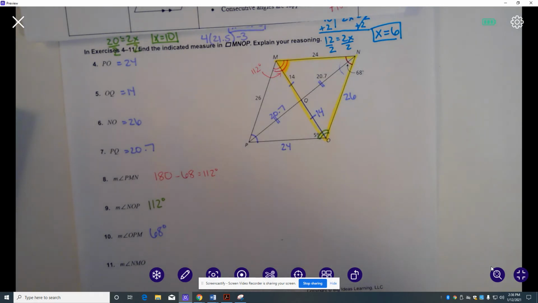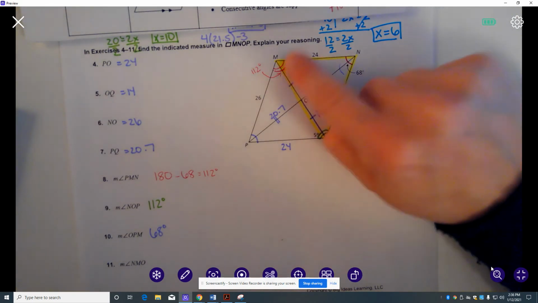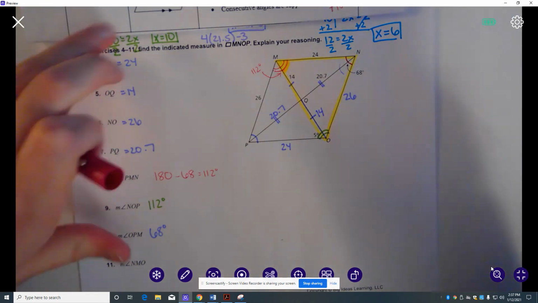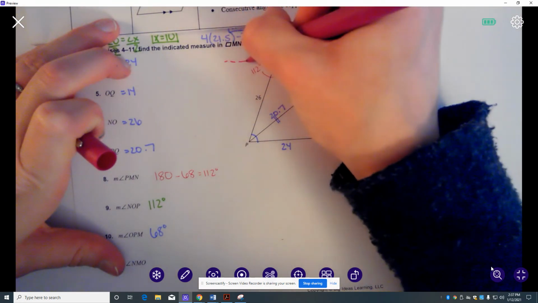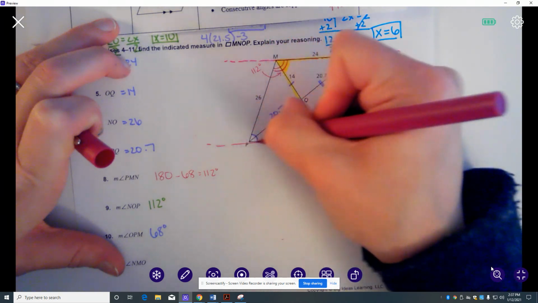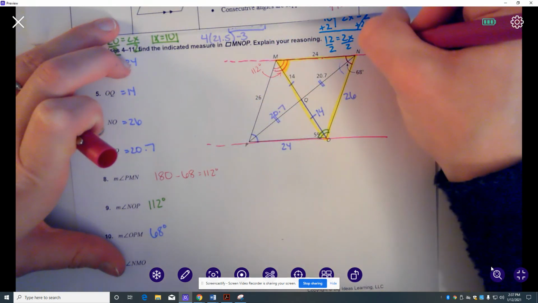So one property you could use, which is an option, you could try to find this missing angle using the fact that all three angles in a triangle add up to 180. That's one option. One way that sticks out to me to find this angle is that because this is a parallelogram, these two sides are parallel.